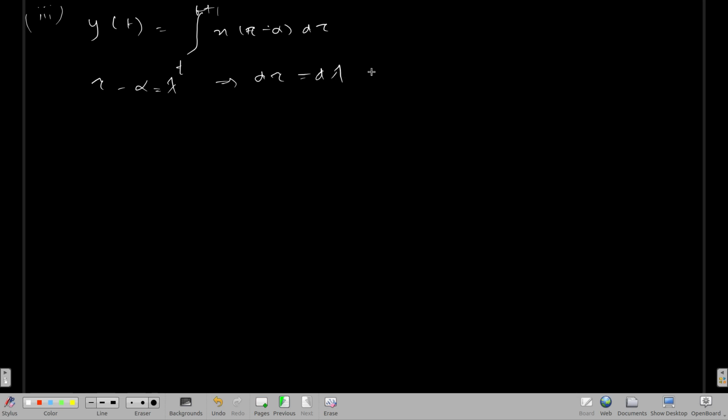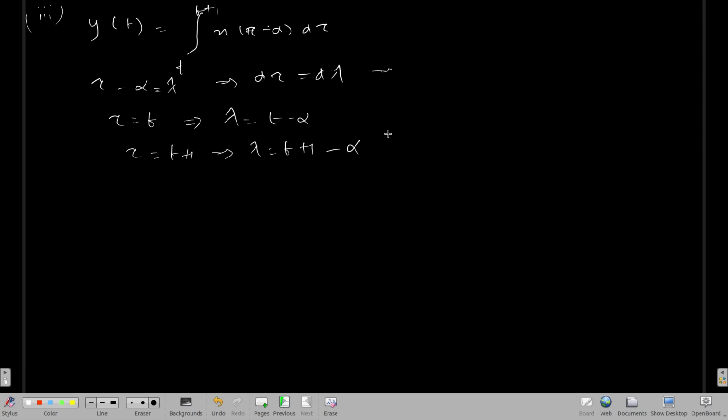So tau equal to t implies lambda equal to t minus alpha, and tau equal to t plus 1 implies lambda equal to t plus 1 minus alpha.